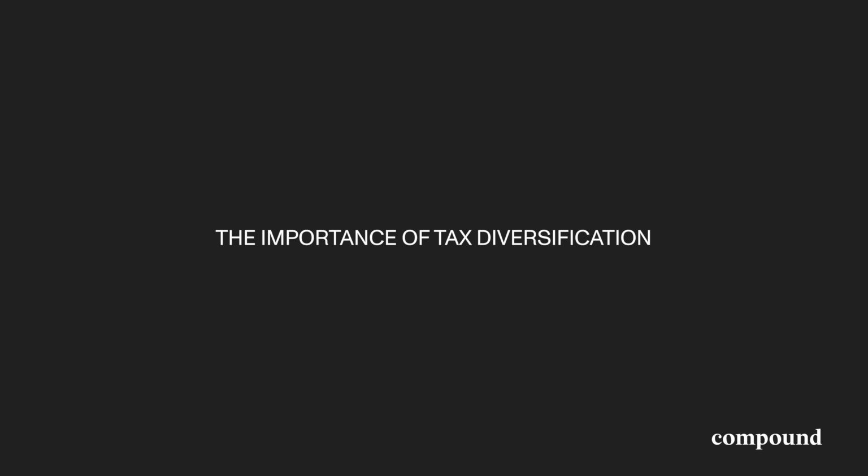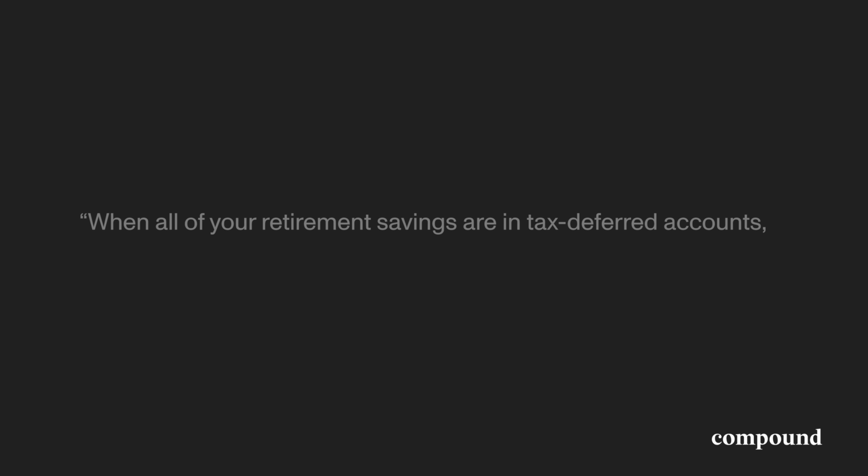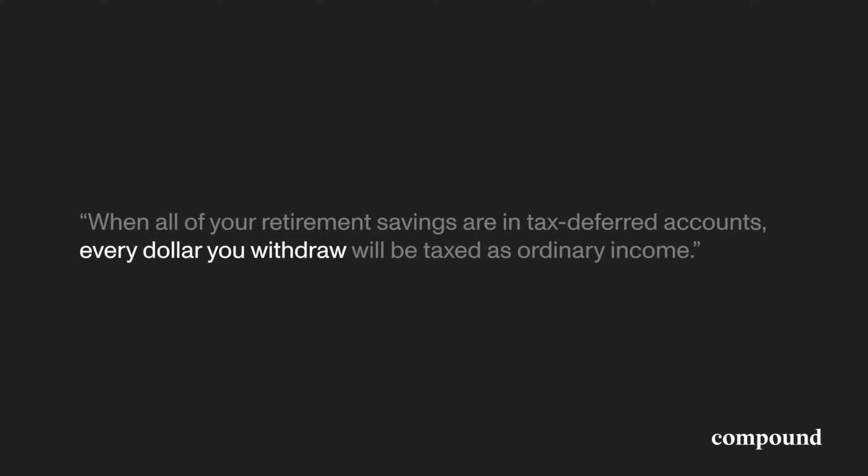The importance of tax diversification. Many high earners focus on maxing out their contributions to pre-tax accounts such as 401ks and traditional IRAs during their working years. While this can provide a significant tax break in the short term, it can also lead to a tax-inefficient retirement distribution strategy. When all of your retirement savings are in tax-deferred accounts, every dollar that you withdraw will be taxed as ordinary income.